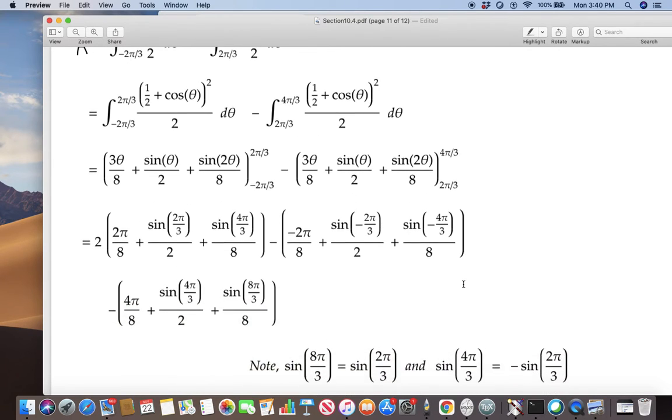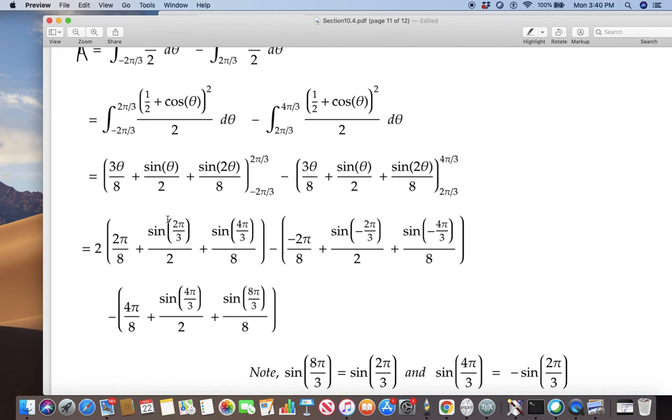Now this takes some careful thought. Sine 2 pi over 3, you see. That's when theta is 2 pi over 3, minus evaluate at negative 2 pi over 3. For this one, first evaluate at 4 pi over 3 and there is a negative because I'm subtracting, and a subtraction evaluated at negative 2 pi over 3.